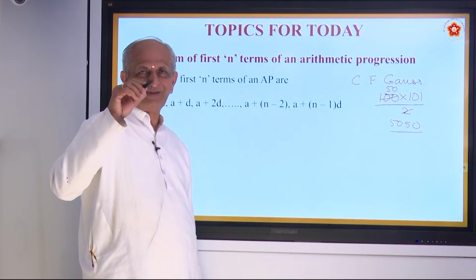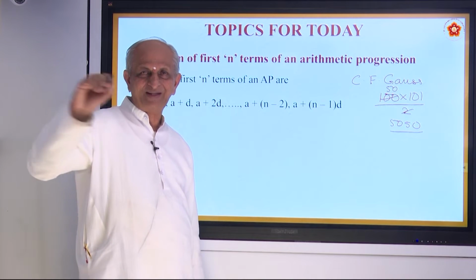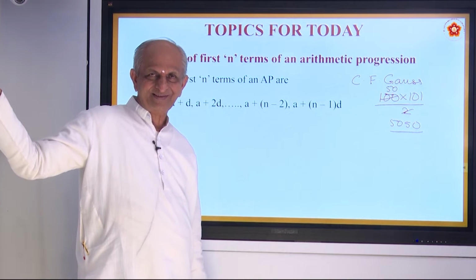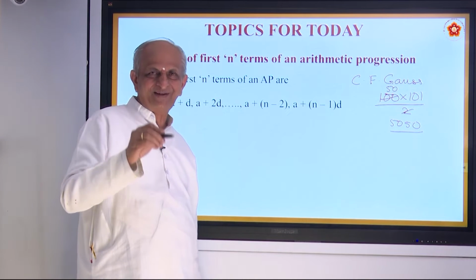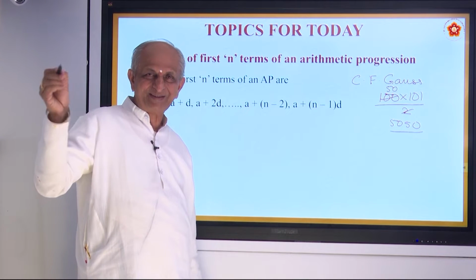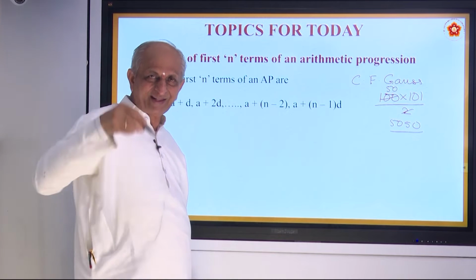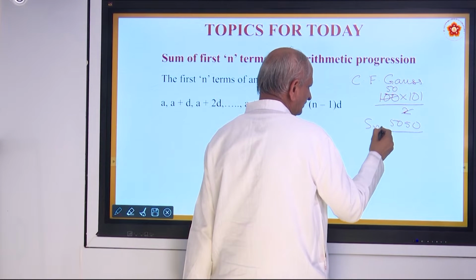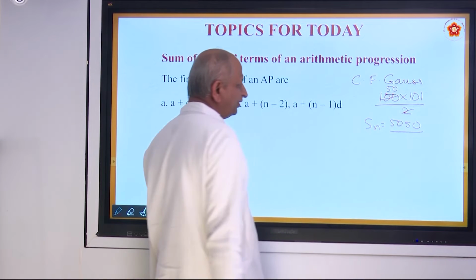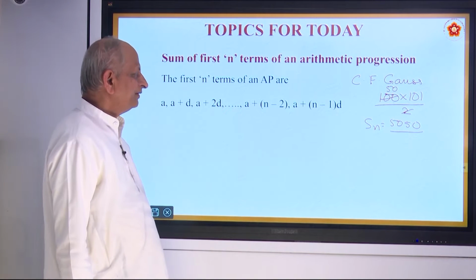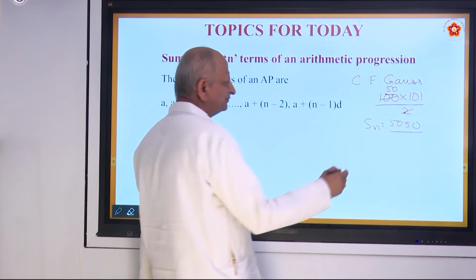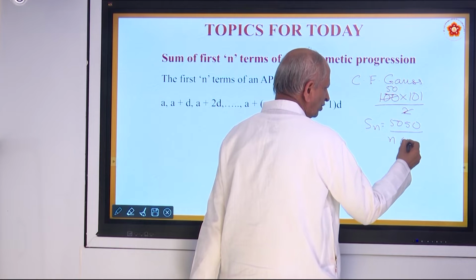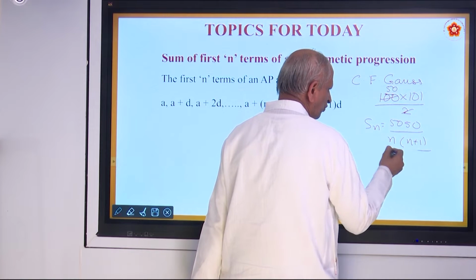What he did is write 1 plus 2 plus 3 plus 4, up to n in one line, then reversed it, 100 plus 99 plus 98 like that, ending in 1, and add the two. So he said Sn is 5050, because he used the formula n into n plus 1 by 2.